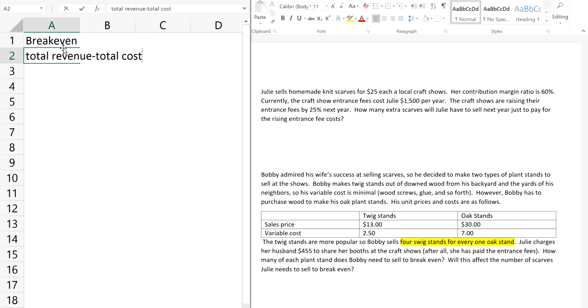If this is equal to 0, that will give your break-even quantity. All right, so that's the traditional method.